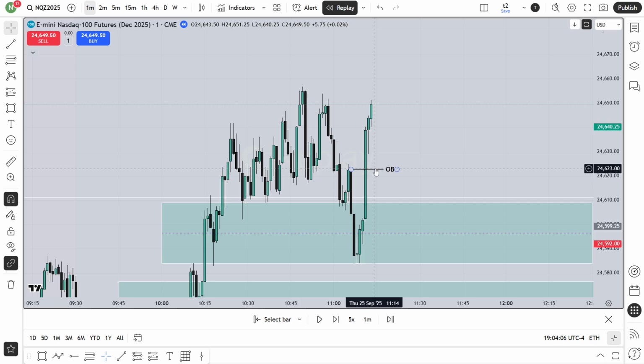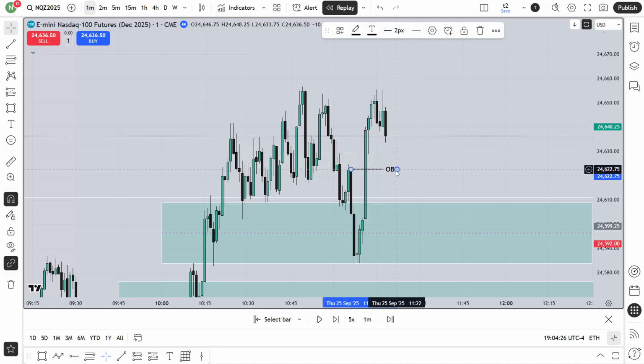If it takes more than five candles, that entry is not valid anymore. So you can see the candle actually came to this order block here. After building the order block, that is the candle which made this a valid order block: 1, 2, 3, 4, 5. So within 5 candles, it didn't come to this order block.